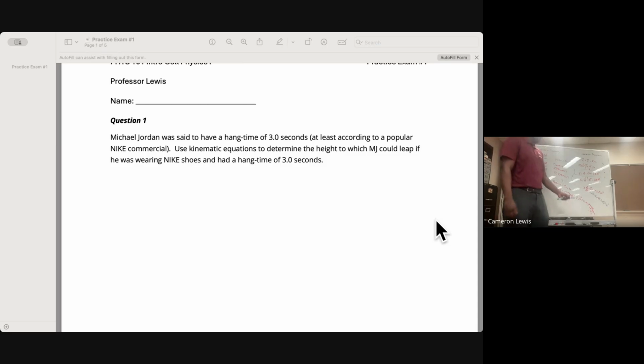Everything in green is physics. This right here is math.